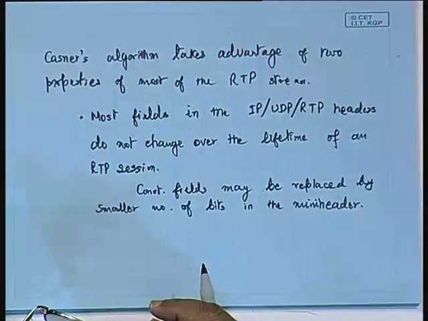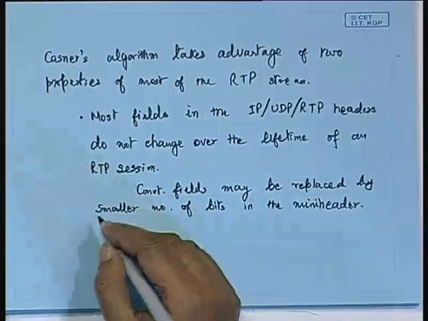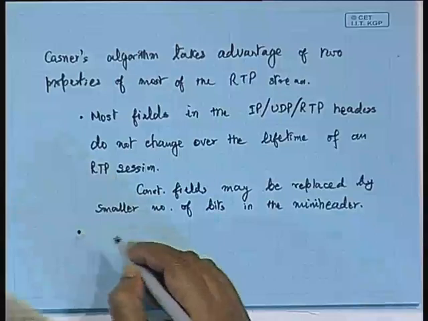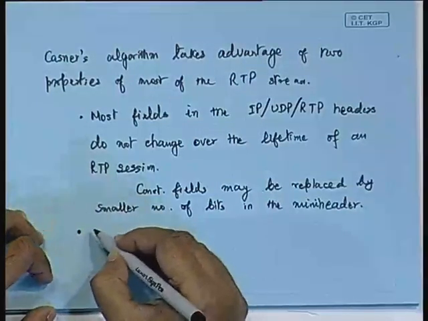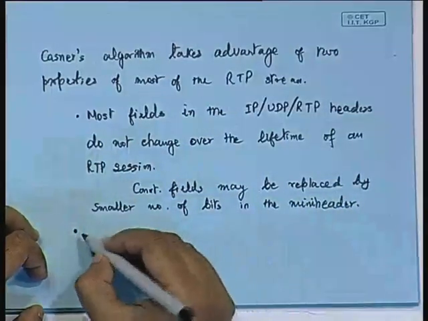In most of the cases, we will find that the timestamps are also regularly updating. That means the sequence number and timestamps are actually increased by some constant amounts. So, that is the second property, that RTP header fields like sequence number and timestamp are increased by a constant amount for successive packets.